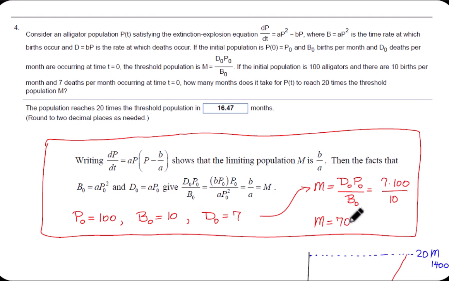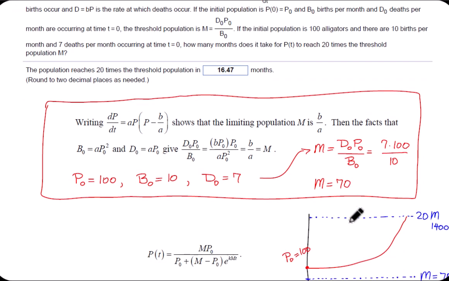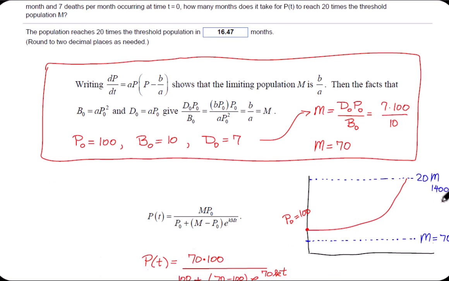So we need 20 times that. Or the question is, when will we reach 1,400 alligators? Here's where we're starting off, and here's the threshold. We are certainly bigger than the threshold, so we're going to grow. So how long does it take to get there?